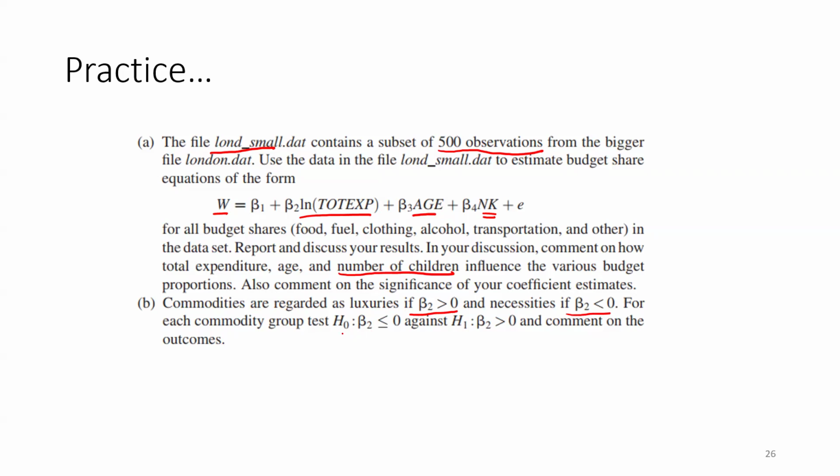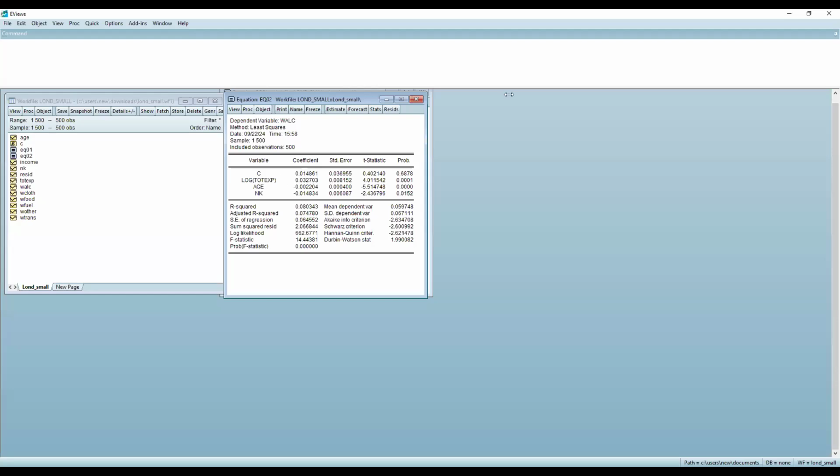Please test H0: beta 2 less than or equal to zero versus H1: beta 2 greater than zero, and comment on the outcome. So from this equation, they would like to check this coefficient beta 2.